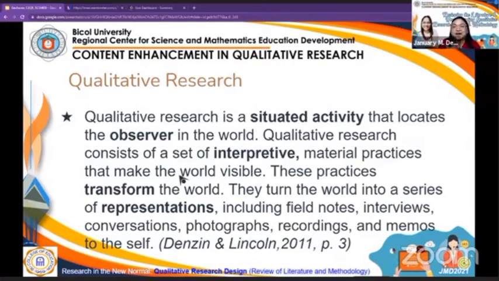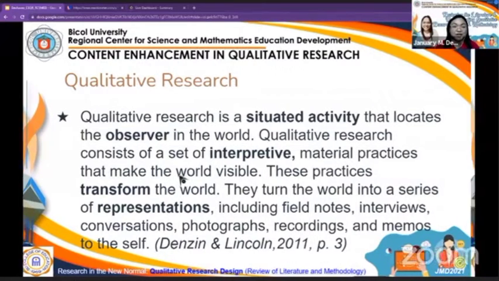We just attempt to make sense, or interpret, the phenomena that are happening around us. Since it is interpretive, it concerns the perception, or even the meaning that people associate with the world, what the researchers bring and what the participants bring to the study. Again, it is how we study the world in a natural setting, and we try to interpret it.